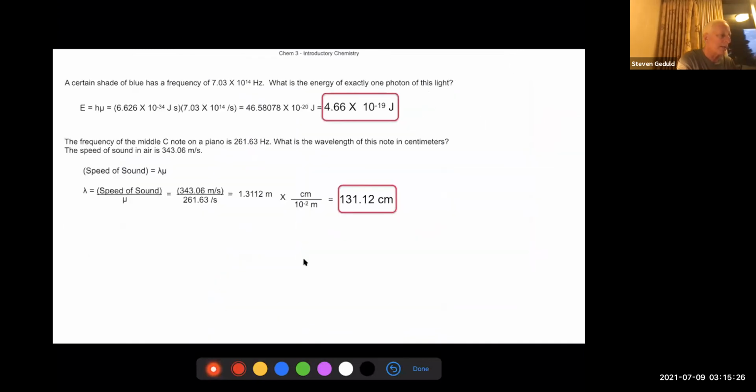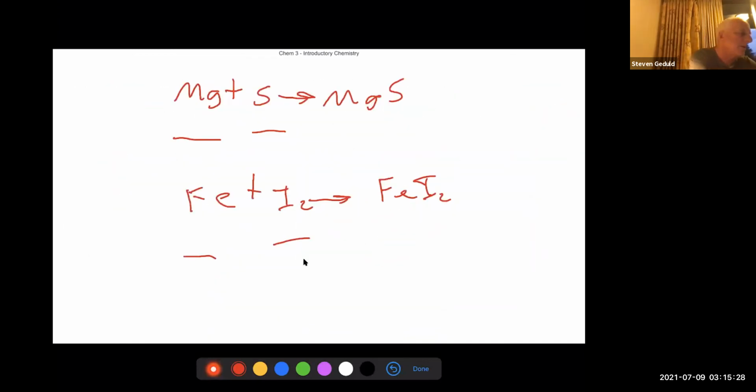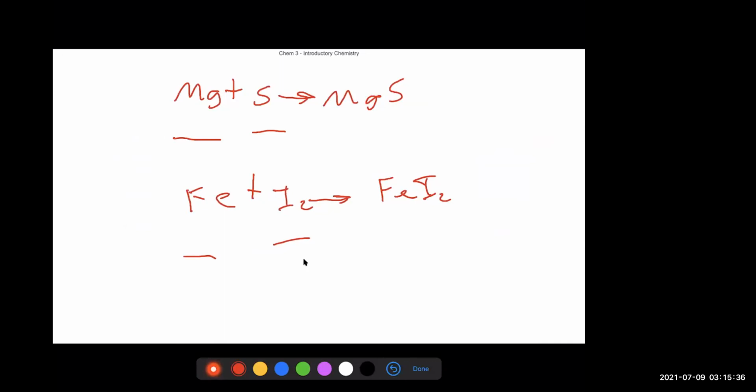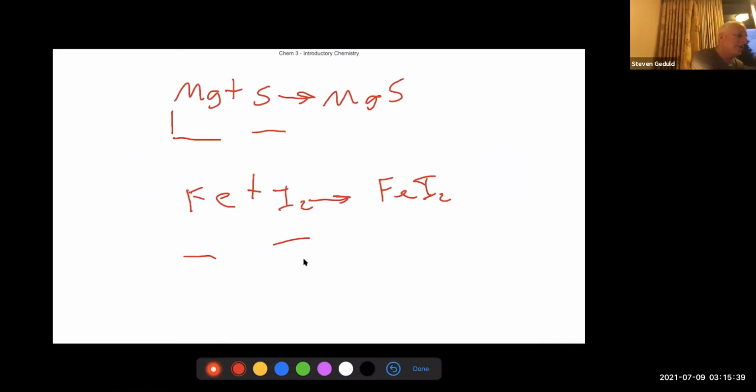So magnesium is going to, what did the question say? Gain or lose? I'm trying to remember the wording of it. Okay, gain or lose. So magnesium is going to lose electrons. Sulfur is going to gain electrons. Iron is a metal. It's going to lose electrons. Iodine is the nonmetal.